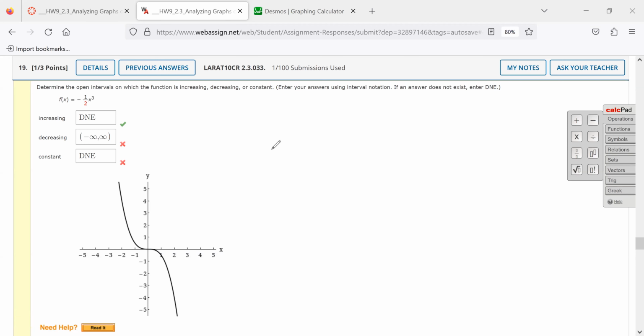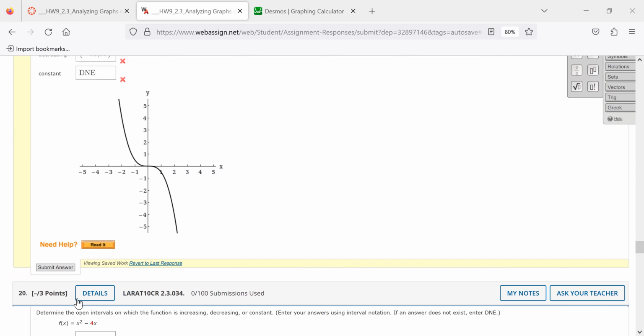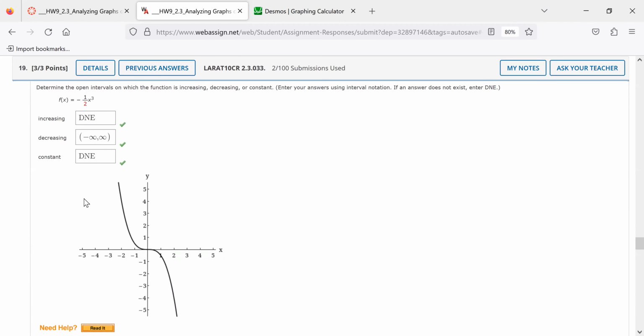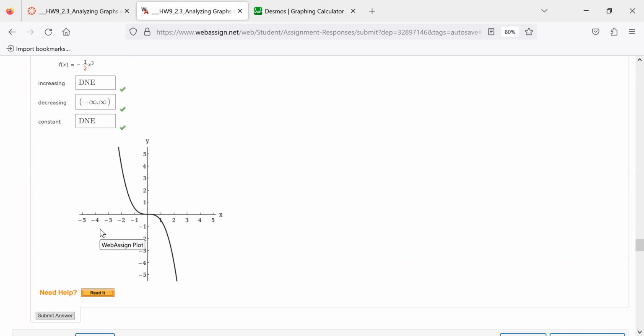So we don't usually say that it's constant there, because it's not an interval, it's just a single spot. It probably wants me to say decreasing everywhere, and there is no constant. So I disagree with this answer, but we'll go with it, because I'm overthinking it in this class.